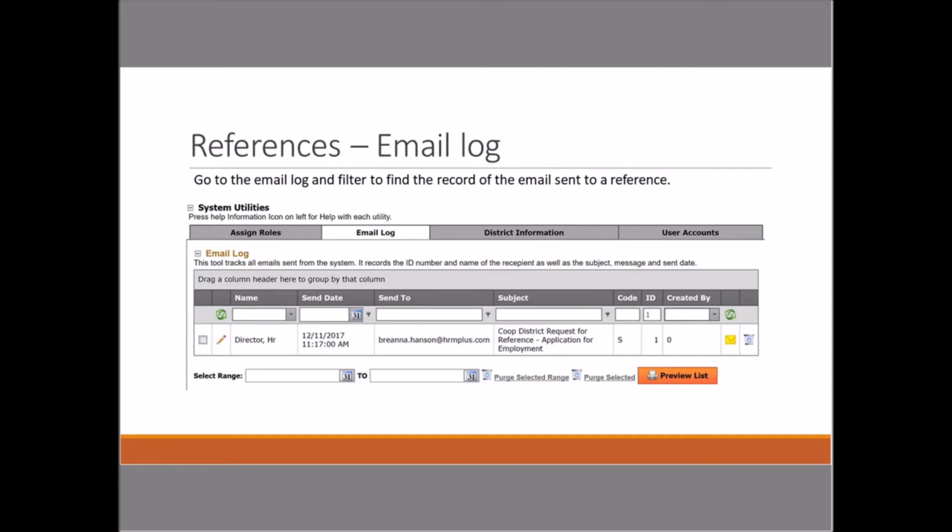Another thing you can do is always check your email log to see what was sent out. A common thing that comes up, it just happened this week on one site, is an applicant entered 2 references for the same person, sent out both emails, and then deleted one of them.